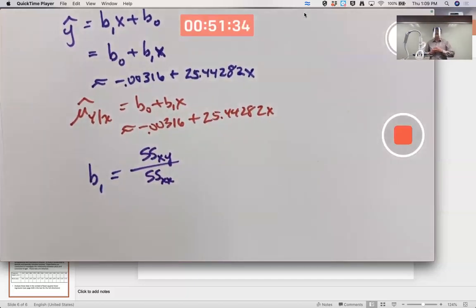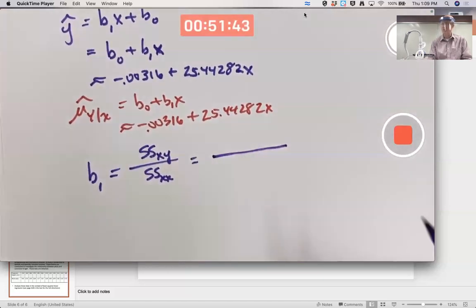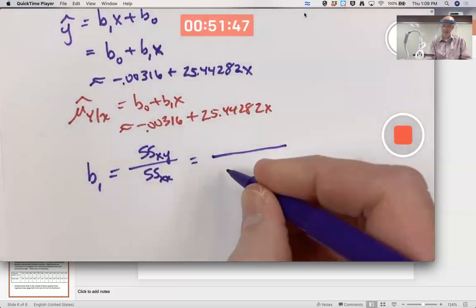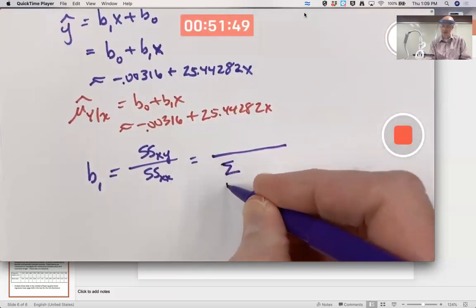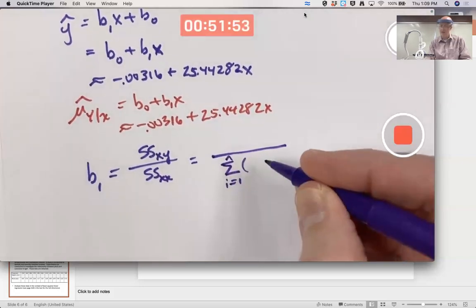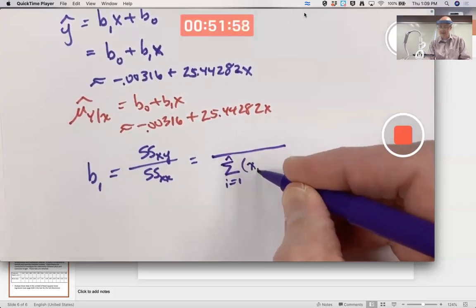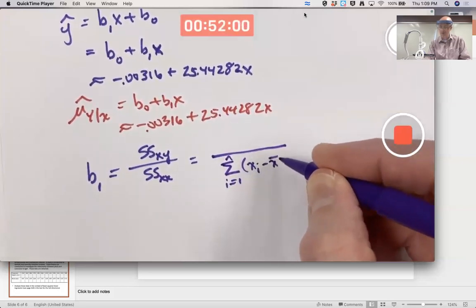What does SS stand for? It stands for sum of squares. And the bottom of this fraction truly is a sum of squares. It's the summation, i goes from 1 to n, of some squares. What are those squares? They are xi minus x bar squared.